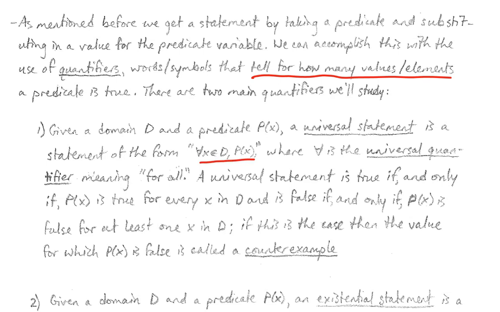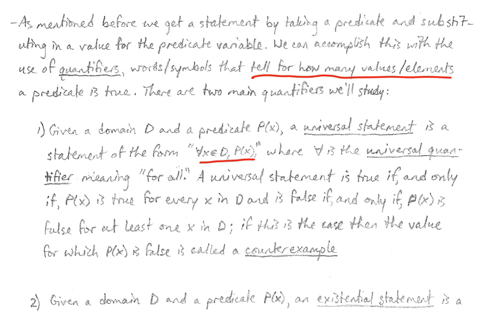Now, a universal statement is true if and only if for every x value in that domain, if you plug it into your predicate, you get something that is true. So every x value that's in D, you would have to plug into your predicate and find that what you get is true.